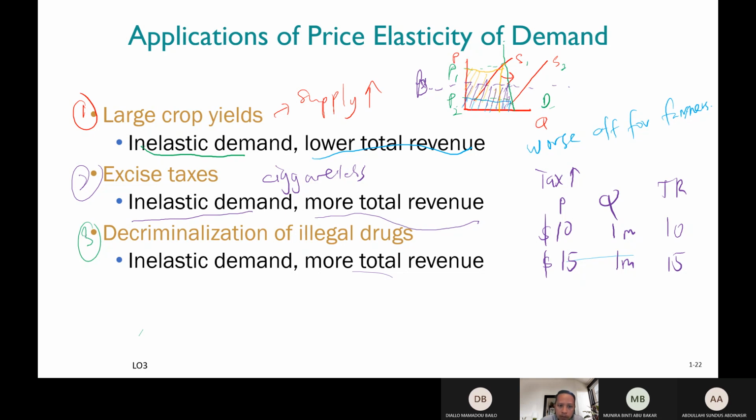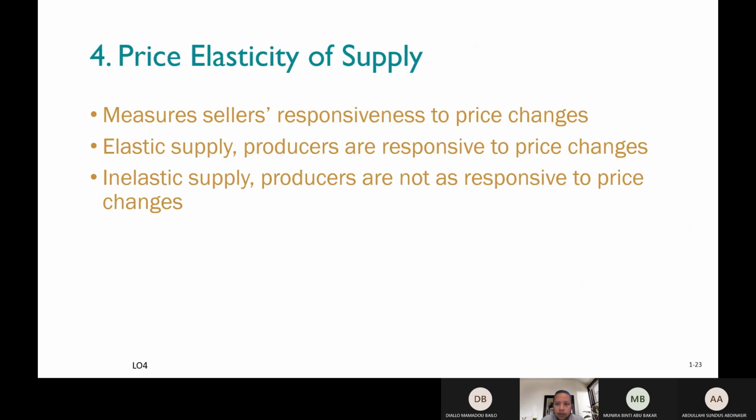But because the demand is inelastic, it would also result in more total revenue. These are just some of the applications. I think the details are explained more clearly and in more detail in the textbook. Before I move to the next part, are there any questions on the price elasticity of demand? Everyone okay? Can you hear me?